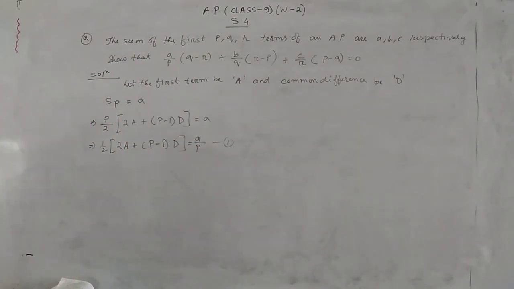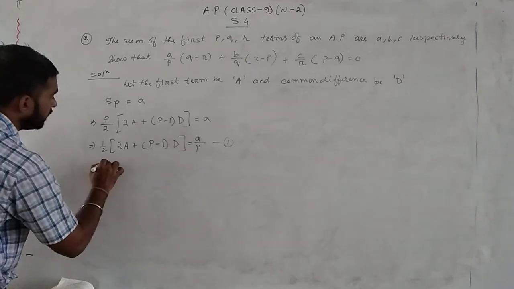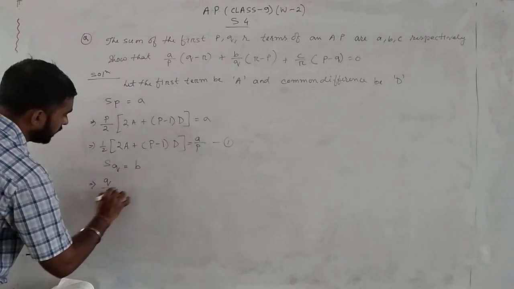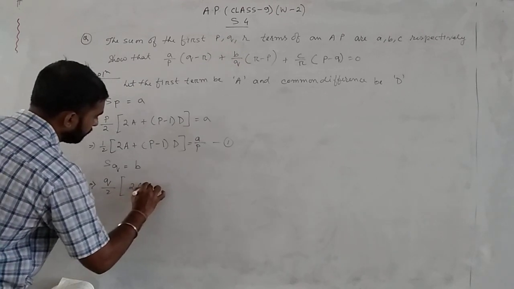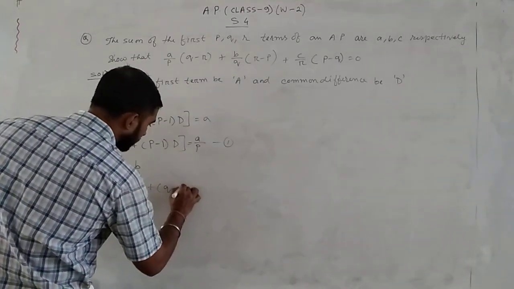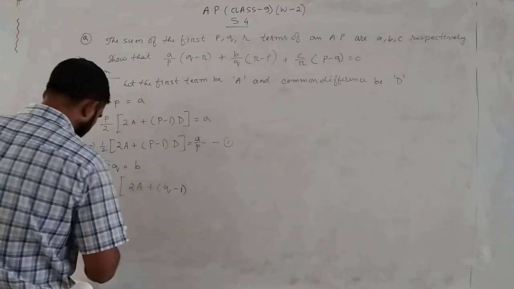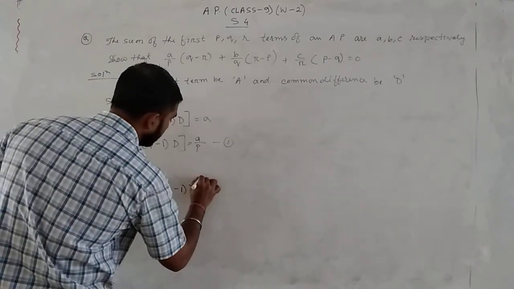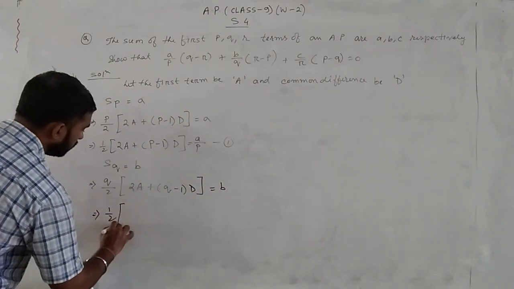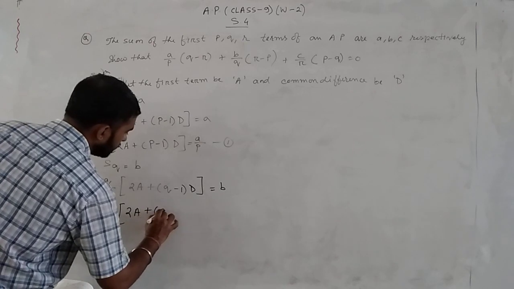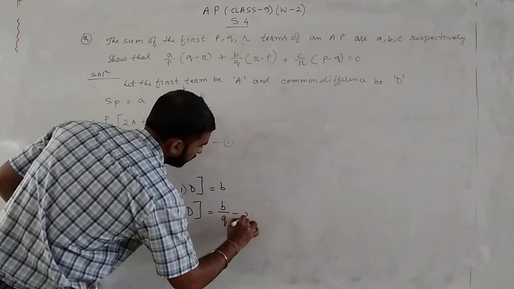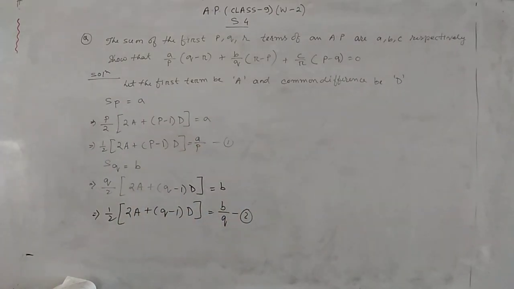Yes, correct. Then SQ equals B. SQ formula: Q by 2 into twice A plus Q minus 1 D equals B. So 1 by 2 into twice A plus Q minus 1 D equals B by Q. Equation number 2.